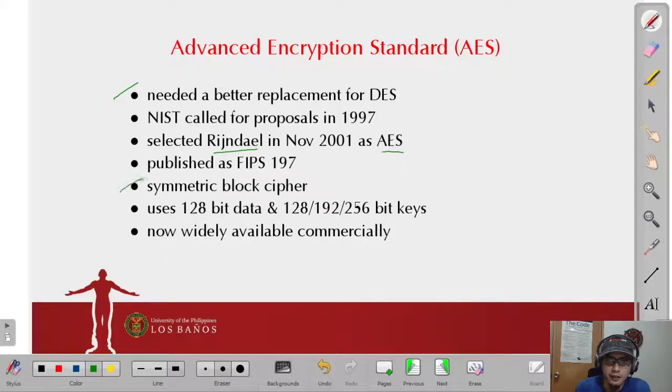This is a symmetric block cipher, and these are the properties of this cipher, and it is now widely available commercially. AES is used in some ransomware: when a ransomware hits your system, it will encrypt all the files using symmetric encryption. AES is actually used to do that in some ransomware variants.